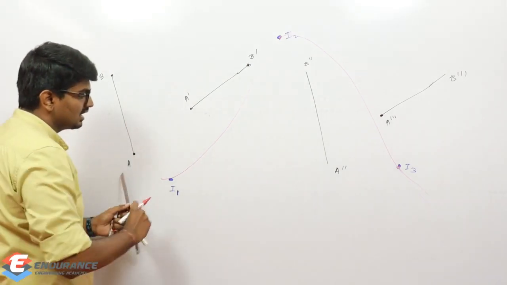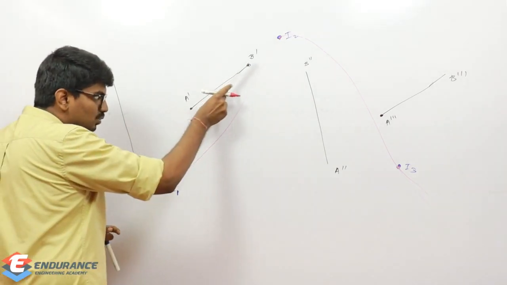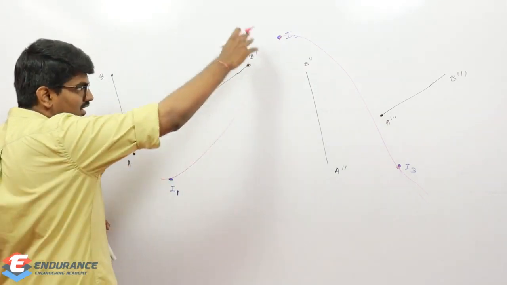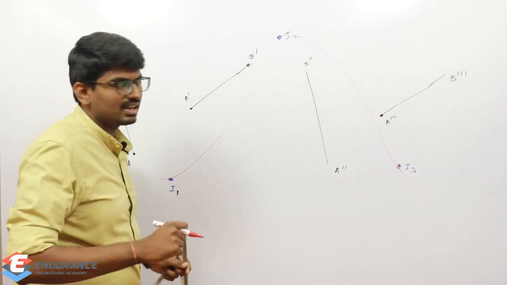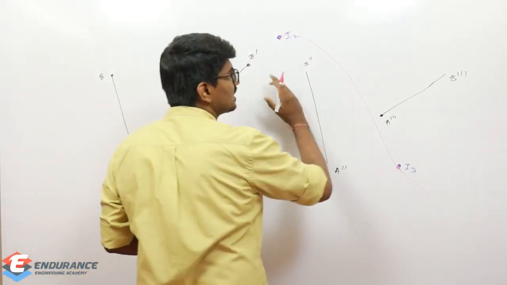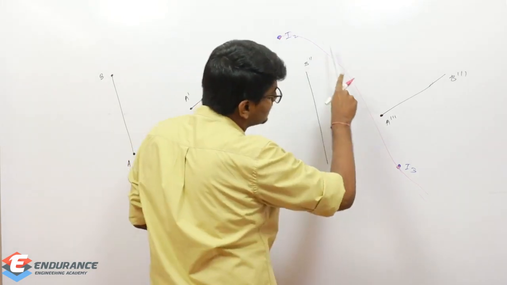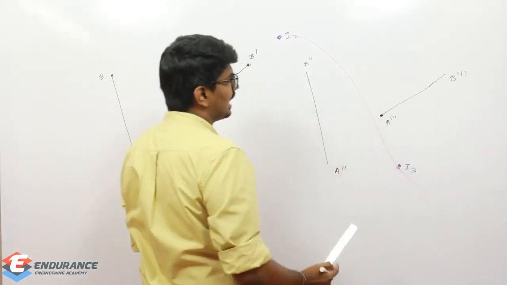During the first instant, I'm getting this I1, right? As this A dash, B dash keeps on moving, this instantaneous center is also moving, and it is reaching there when it reaches A double dash, B double dash. Similarly, this A double dash, B double dash keeps on moving to A triple dash, B triple dash. This instantaneous center is also moving, and it is reaching I3.